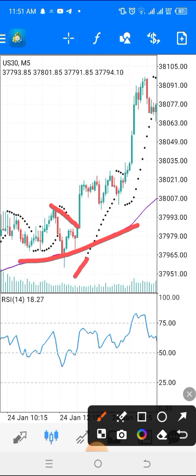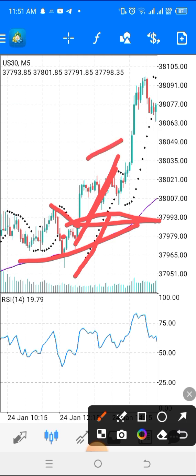And then some of the dots are also underneath the candlesticks, going up like this. So it starts to go up. Now at this point here, where it crosses the dots, that's where you enter and go for a buy trade, making sure that the RSI is also above the 50, which means there's room to buy.